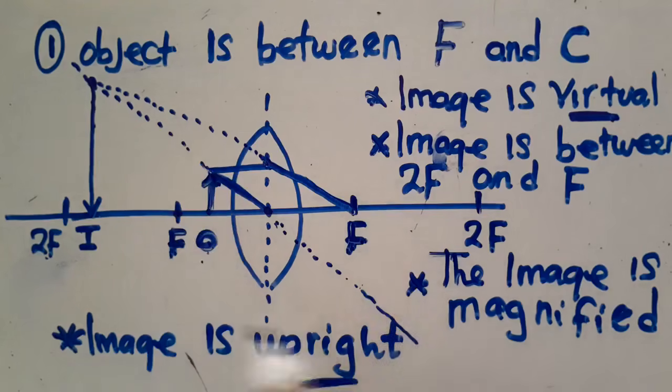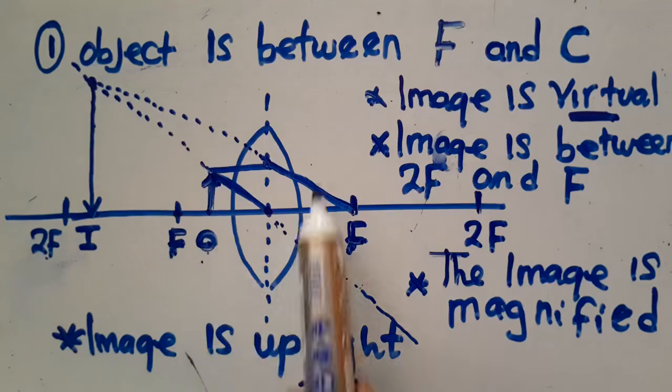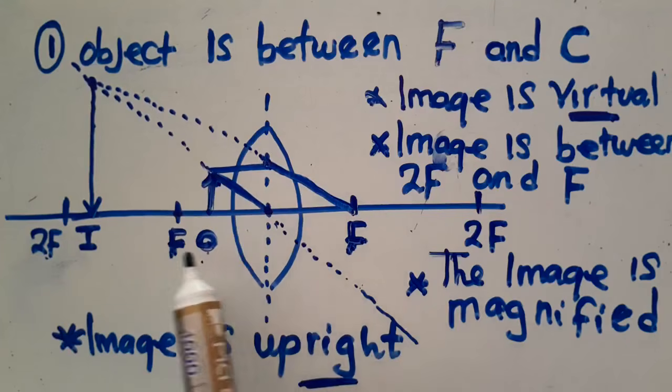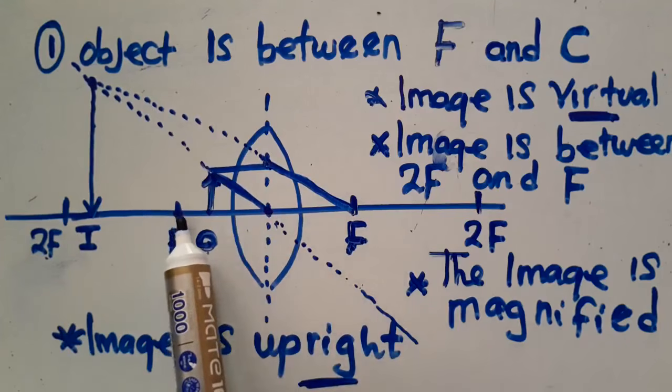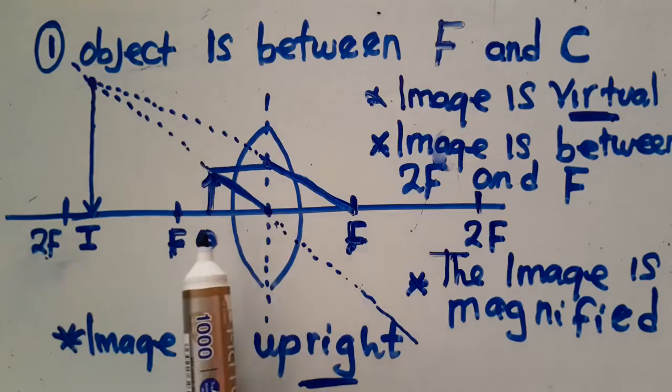So on this point, what you need to know is that when an object is placed between the lens and the focal point, a virtual upright image is formed on the same side as the object.